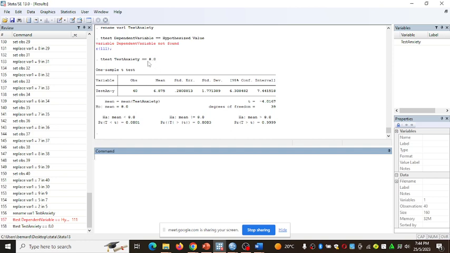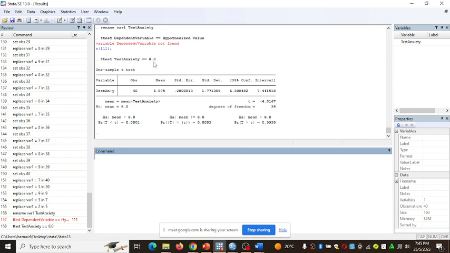Basically, we want to tell whether the mean of test anxiety is equal to 8.